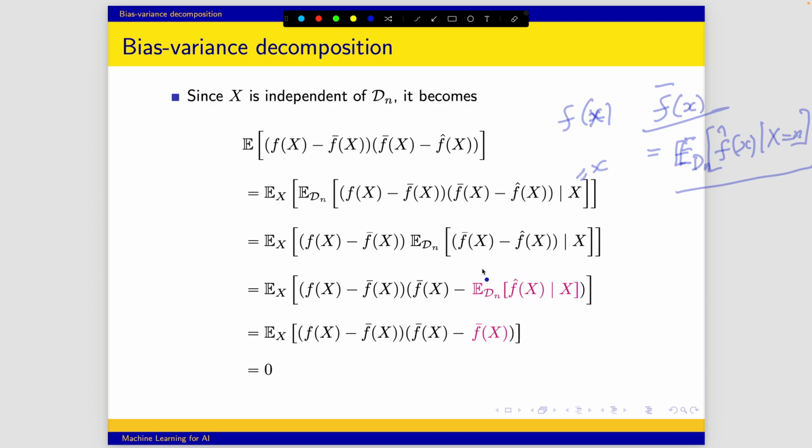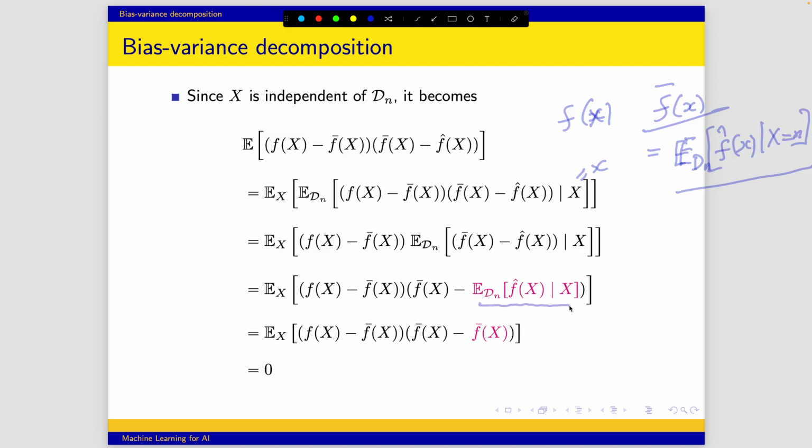The expectation is conditioned on x. Now, again, this doesn't depend on the random sample, but this does. So we can push this through. So this just becomes this minus the expected value of this conditioned on x, which is what I've written here.